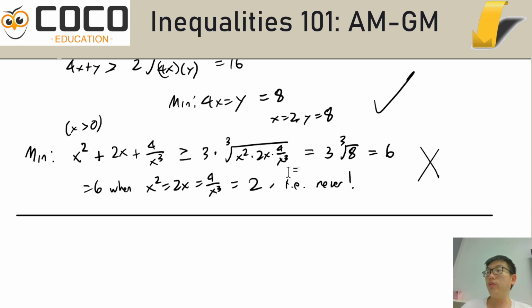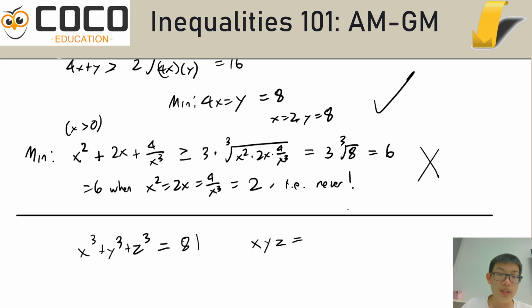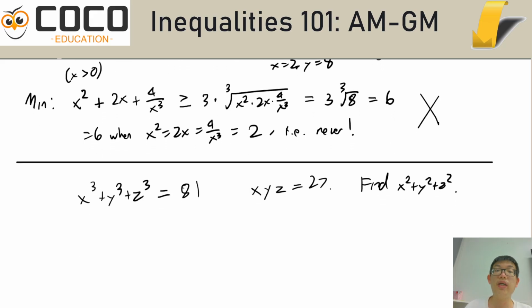The second way to ask the question is if I were to just tell you that x cubed plus y cubed plus z cubed is equal to 81, and then xyz is equal to 27, and then find x squared plus y squared plus z squared. Again, assuming positive.